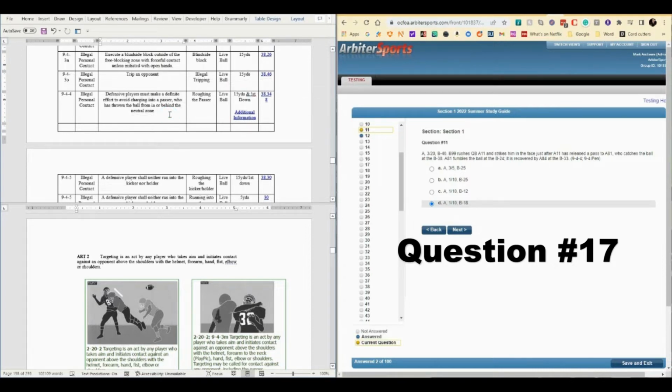That's a very, very truncated version of what roughing the passer is, because it also includes all those 9-4-3 fouls. But for the sake of argument, this is the penalty table for roughing the passer. And you'll notice it says 15 yards and a first down.